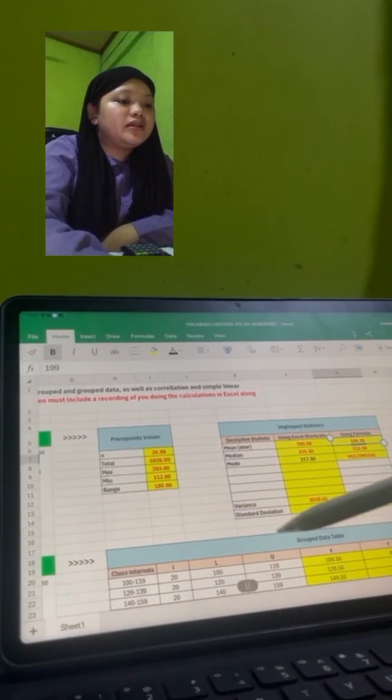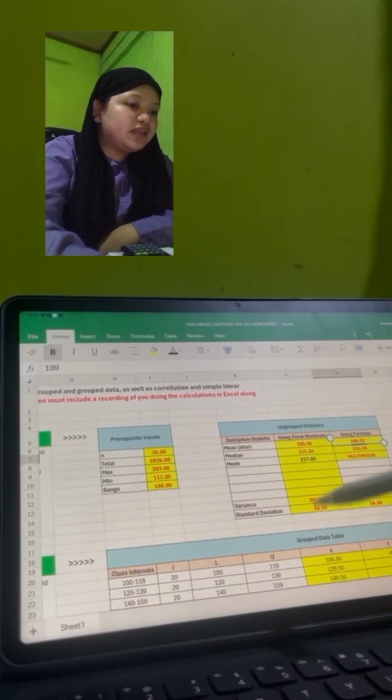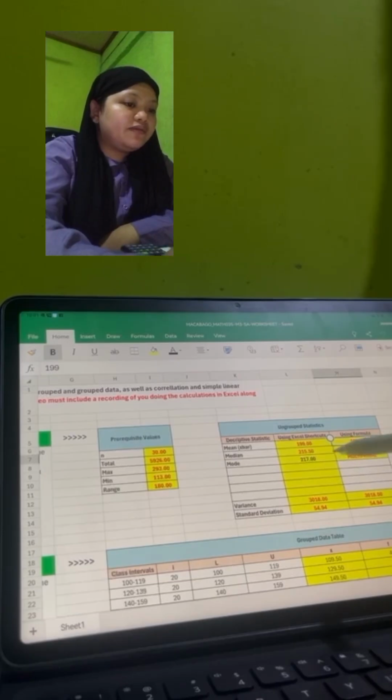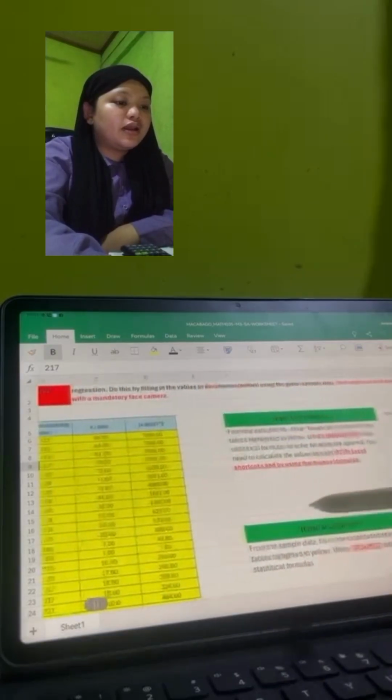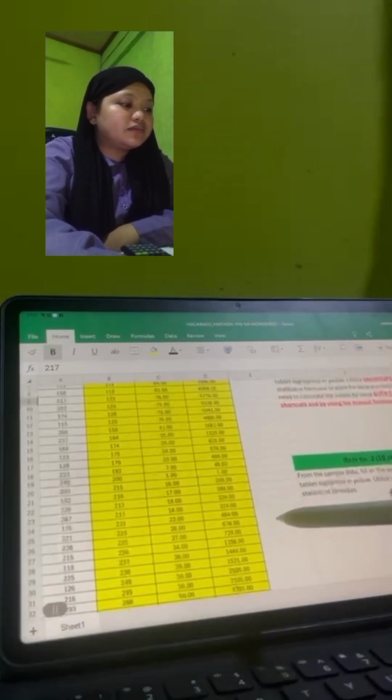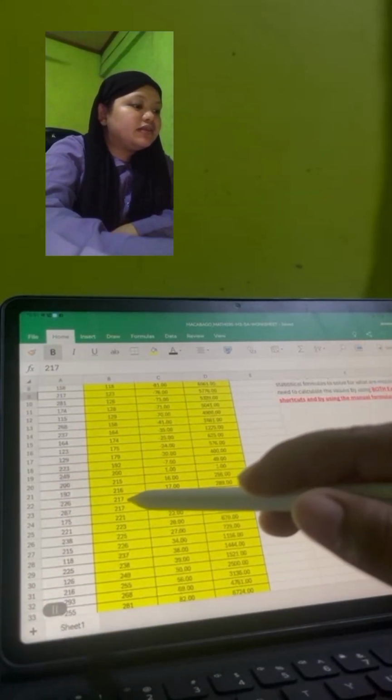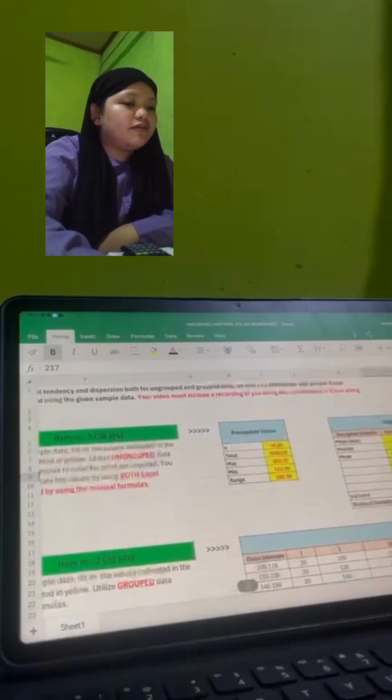Since there's no single middle, the middle is the 15th and 16th numbers. You add them up, then divide by 2, and you get 215.50. Then the mode is 217.